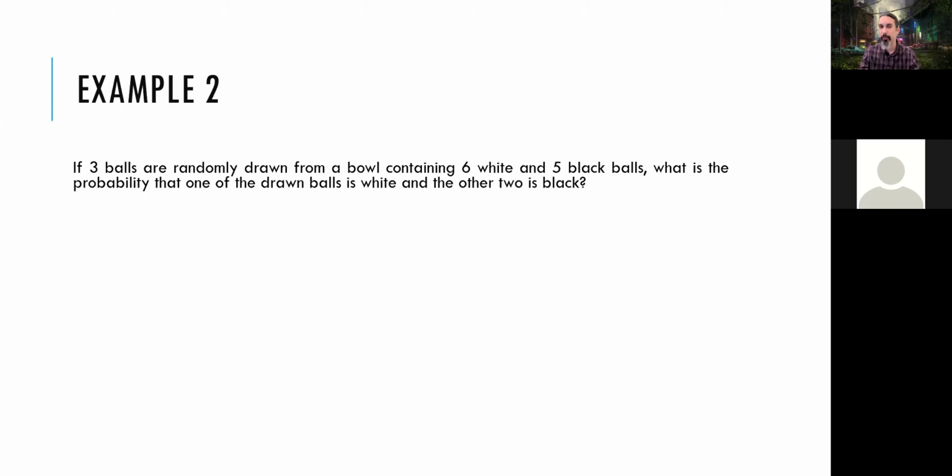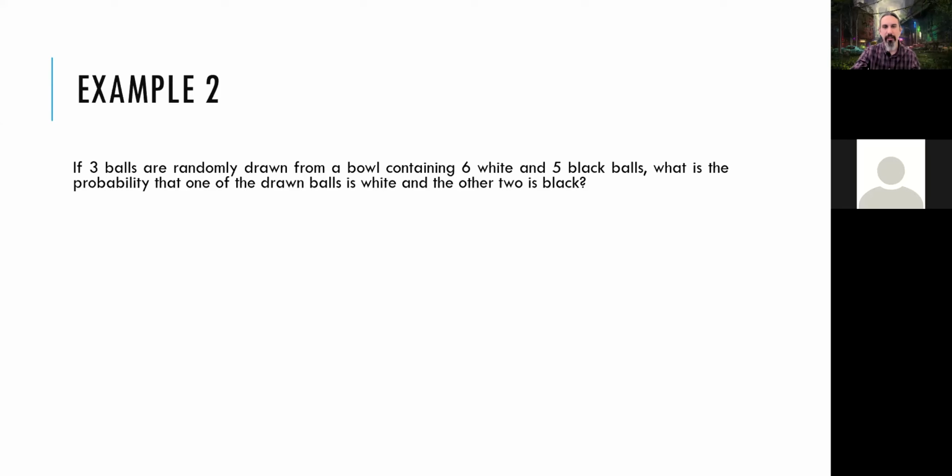Now I'm trying to pick a black ball, which is 5/10. Now I have 4 black balls left out of 9 balls, and I want to pick another black one, which has a probability of 4/9. So my total probability for the order white, black, black is 6/11 times 5/10 times 4/9.